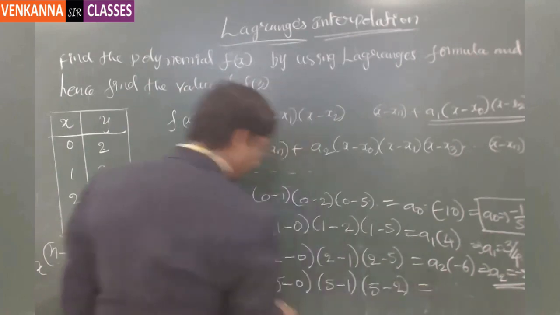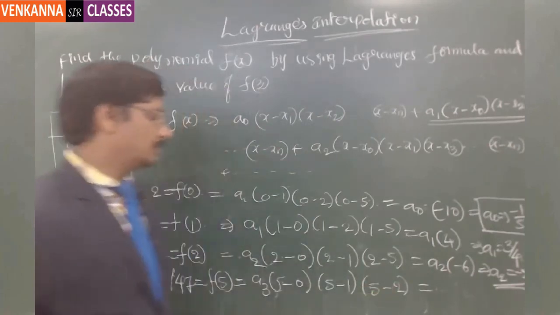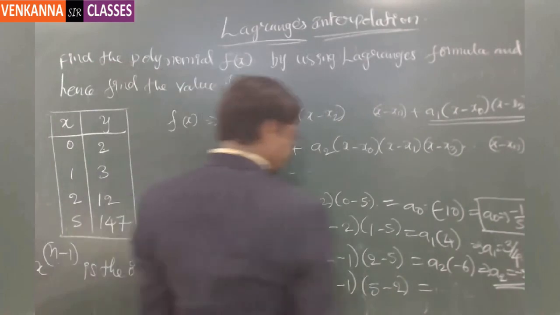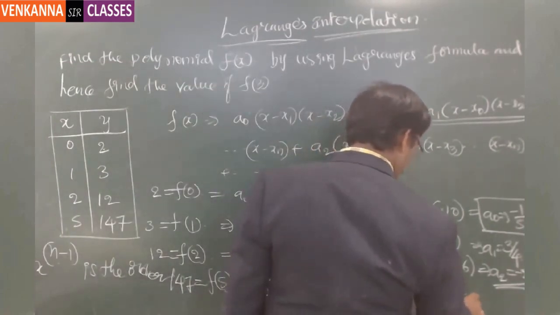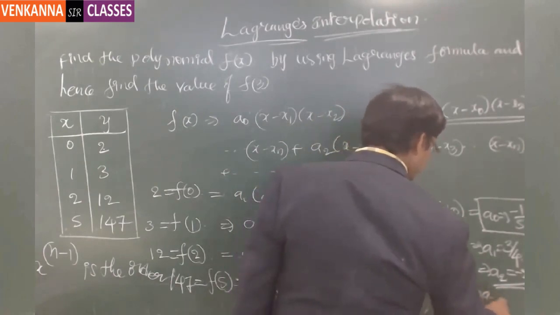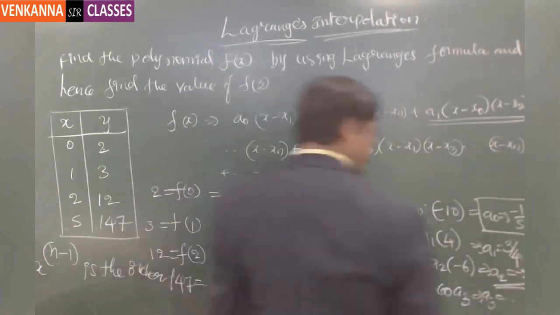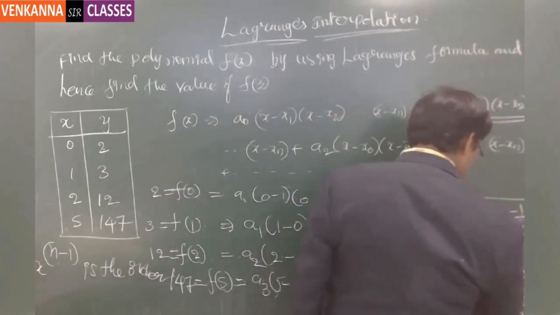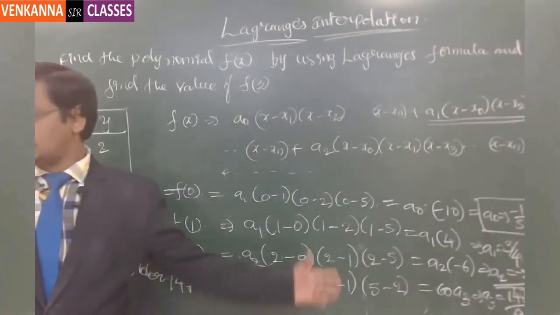So 5 minus 0 is 5, and 5 minus 1 is 4, and 5 minus 2 is 3. So 5 into 4 into 3, 60, into a3. It implies a3 is equal to 147 divided by 60. So these are the values of a0, a1, a2 and a3.